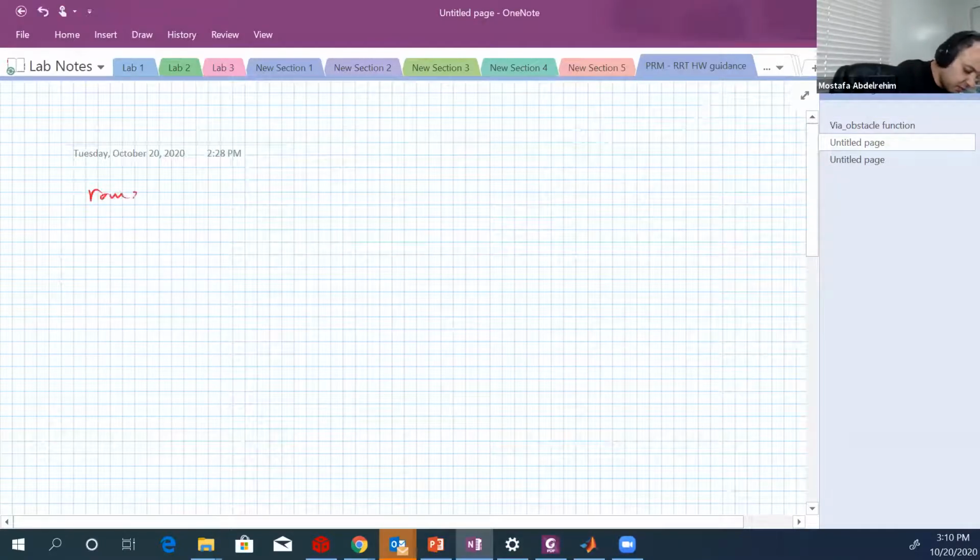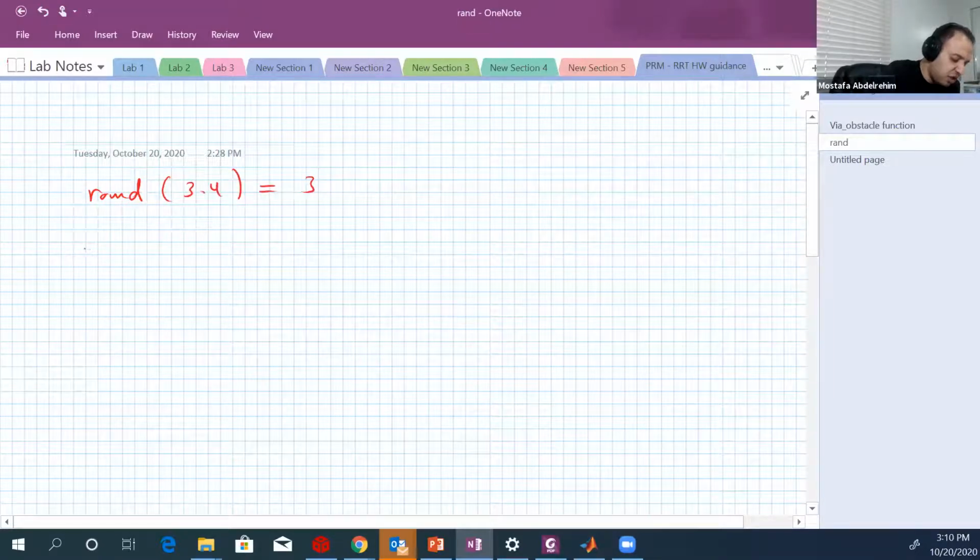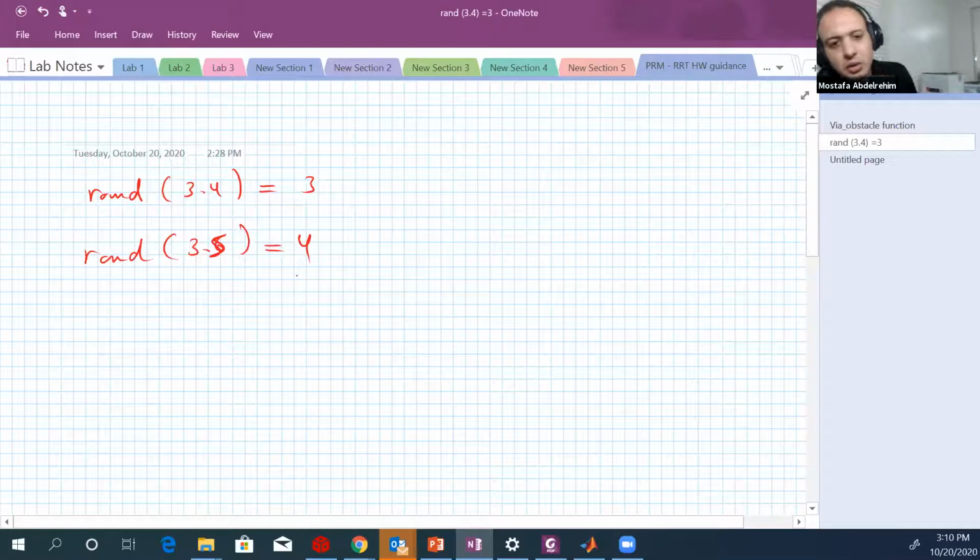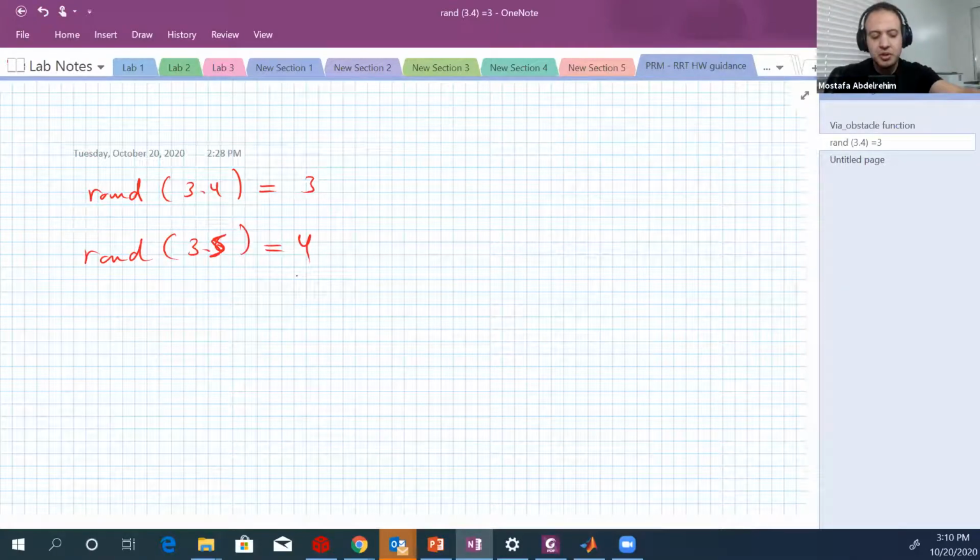Round checks the decimal number. So round of 3.4 will be equal to 3. Round of 3.5 or more will be equal to 4. Yes, it's better to use round.